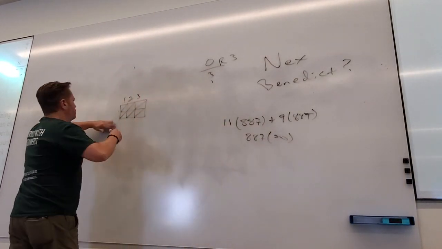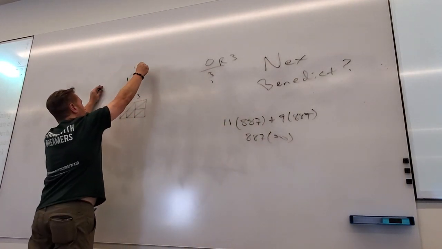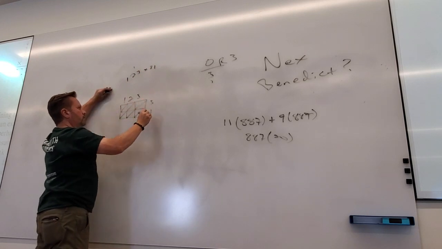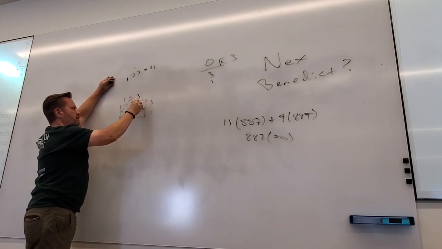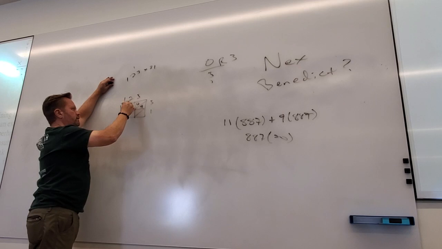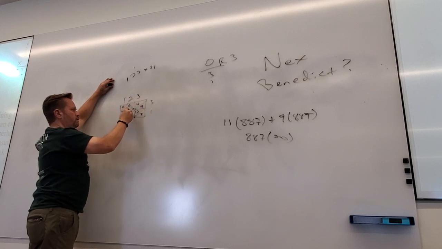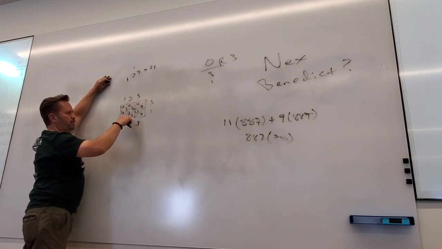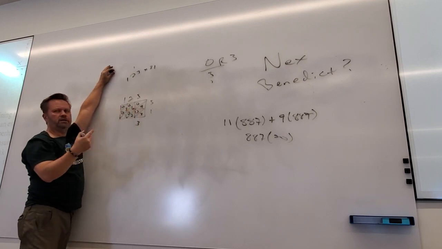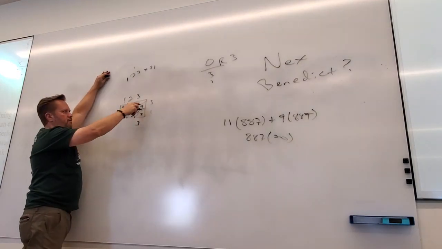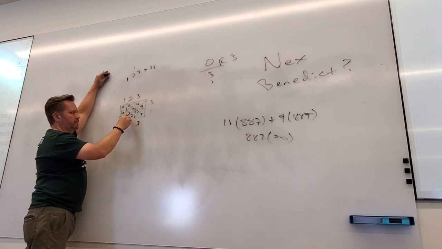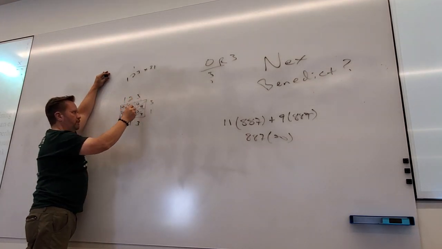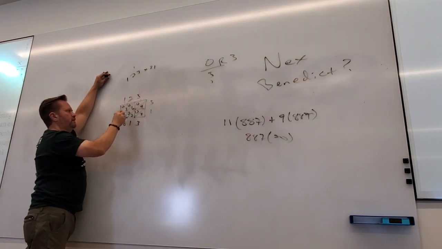So if I want to do 123 times 31, 3 times 3 is 9, 2 times 3 is 6, 1 times 3 is 3, 3 times 1 is 3, 2 times 1 is 2, and 1 times 1 is 1. So let's see if we get this right. 3, now here's where this one kind of cheats a little bit. 9 and 2 is 11, so I have to carry the 1 still. 8, 3.